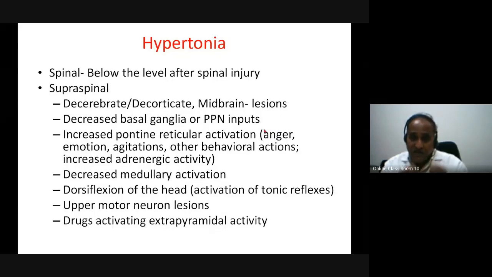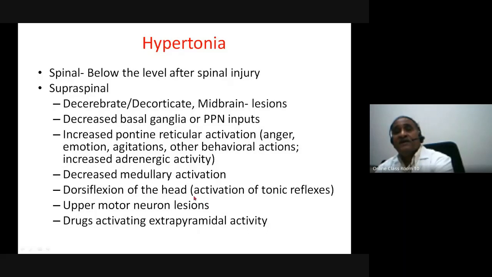Anger, emotion, agitation, and other behavioral actions, or any other action associated with increased adrenergic activity, also increase the pontine reticular activation. And with decreased medullary actions, sometimes medullary suppressants produce increased gamma motor neuron activity.